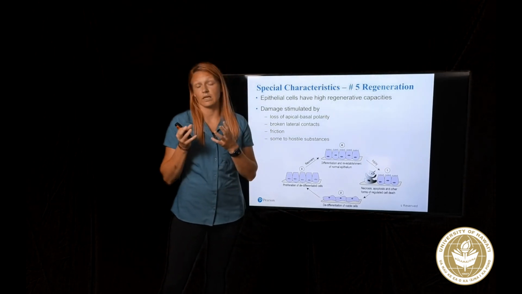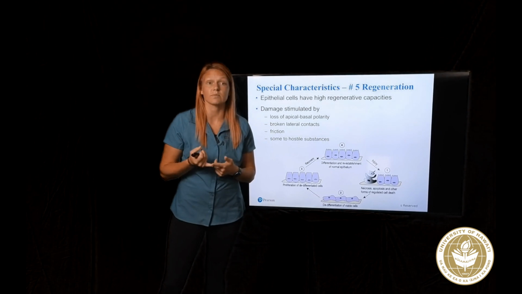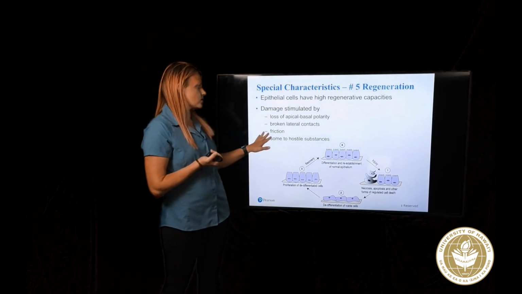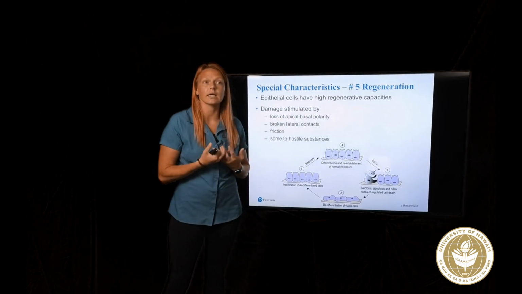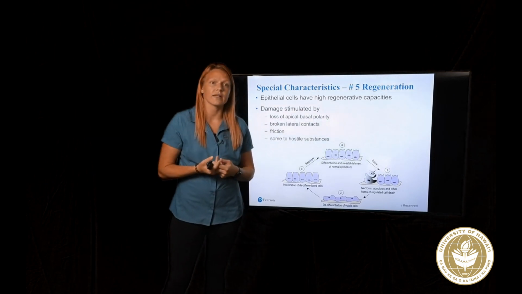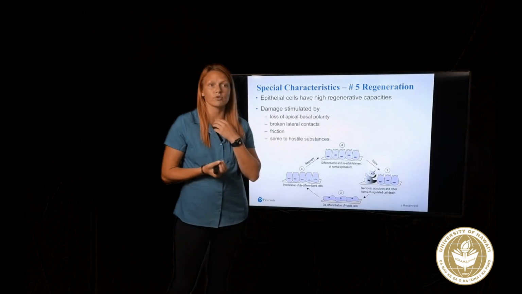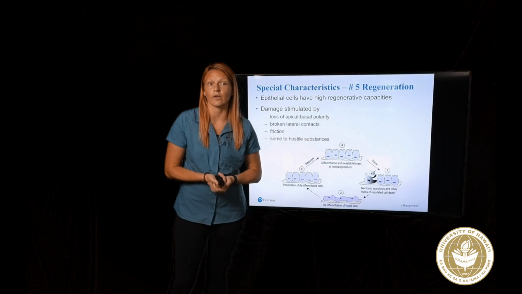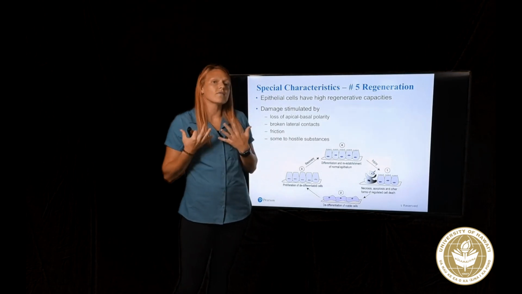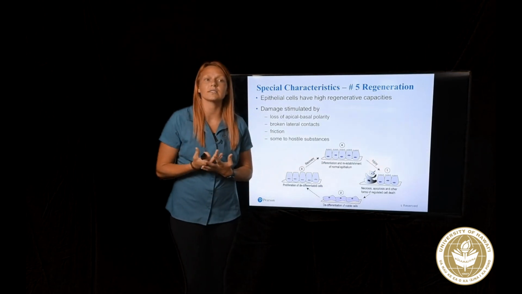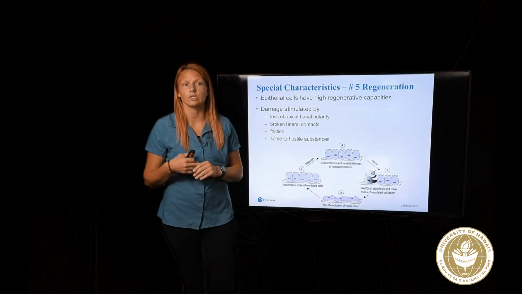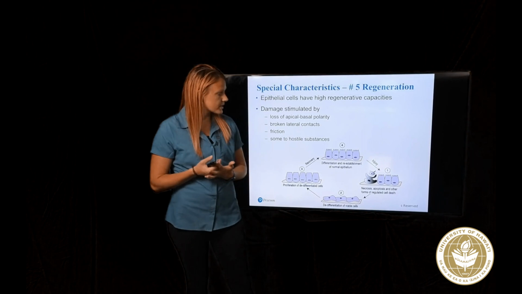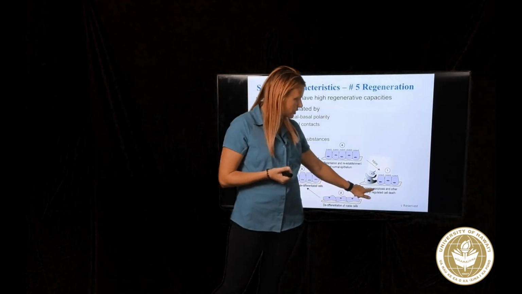So maybe you see even a breakdown of those desmosomes or the tight junctions. You can often see just general friction that can lead to that damage. And then sometimes we even have exposure to hostile substances that will break down these epithelial cells. So if we have an injury or something happens to the point where that cell is even going to die, you can see this term here, apoptosis.